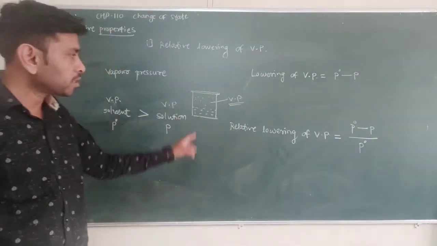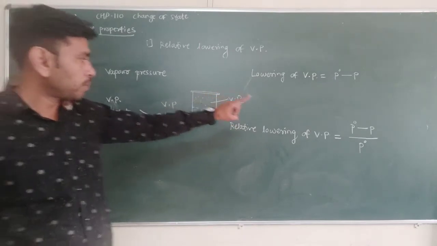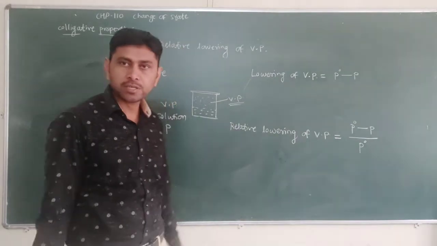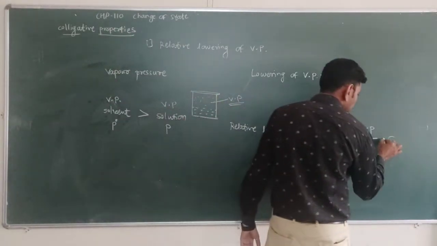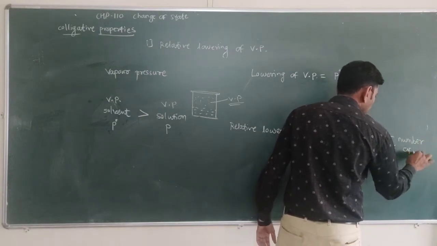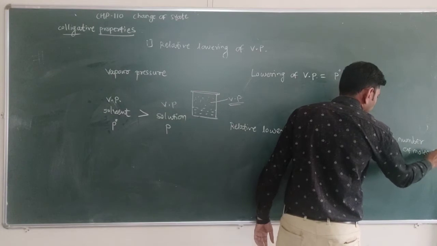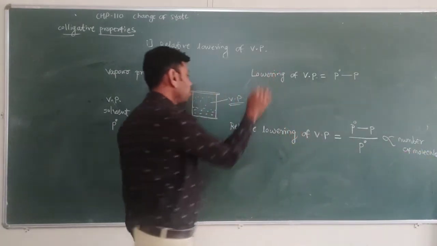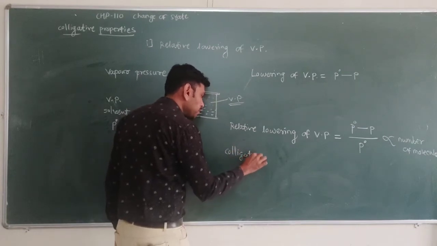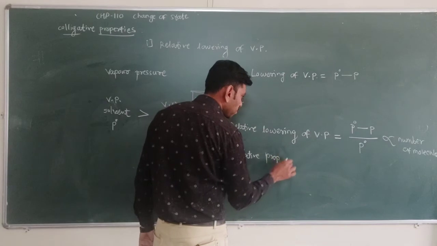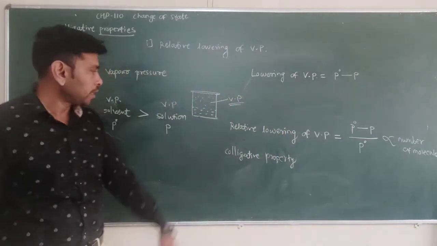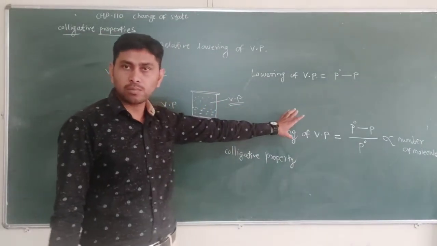It is proportional to the number of molecules of solute. Hence, relative lowering of vapor pressure is a colligative property. Any property which depends on the number of molecules of solute is a colligative property.